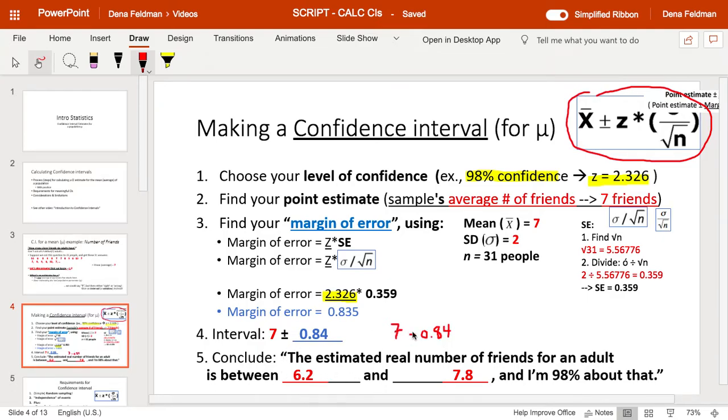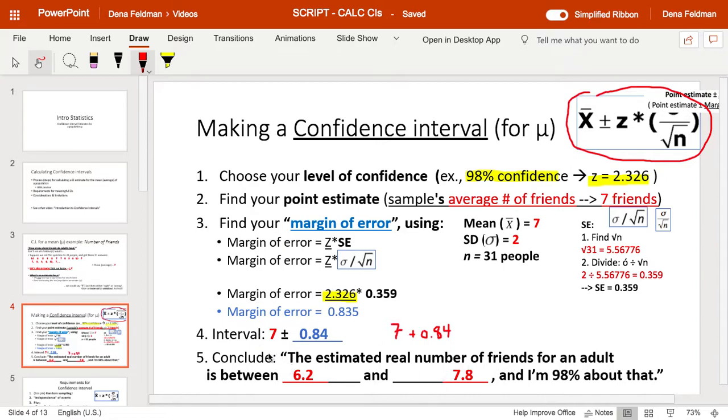And if instead I had taken the 7 and added 0.84, I'm going to get approximately 7.8. So here's the lower end, the subtracted element of this expression, and then here's the positive piece of the expression, the upper end of my interval.